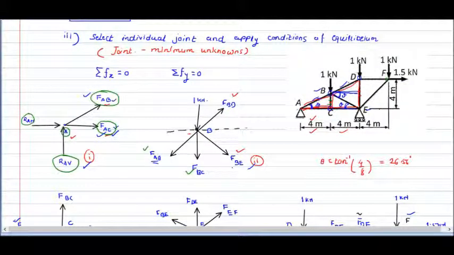If we choose point D, BD which we have calculated, DE which is not known, and DF, it means two unknowns are here. If there is any other point where only one unknown is there, we can go with that point, but here in every case we are going to get two unknowns, and not less than two unknowns at any other point. So that's why the choice is only between points with two unknowns. This way you can solve the rest of the points and get the values here.